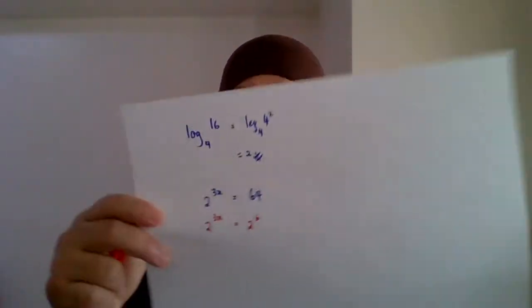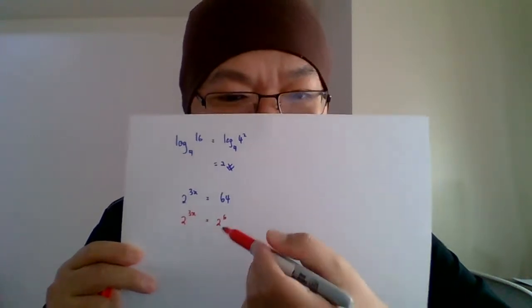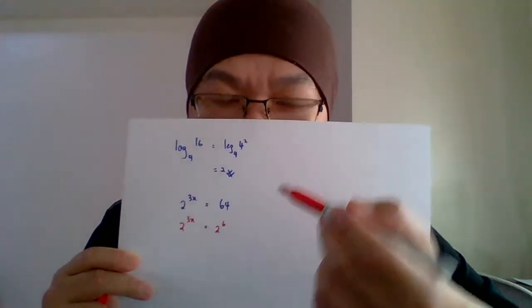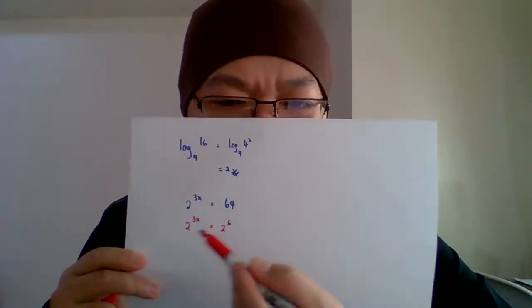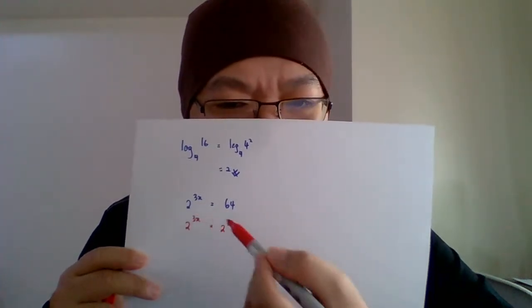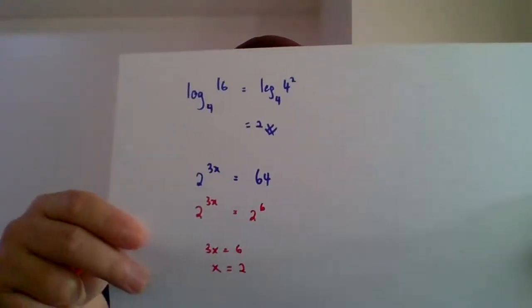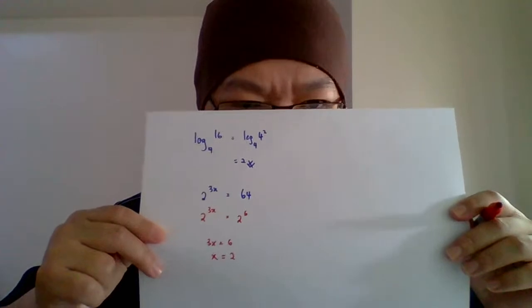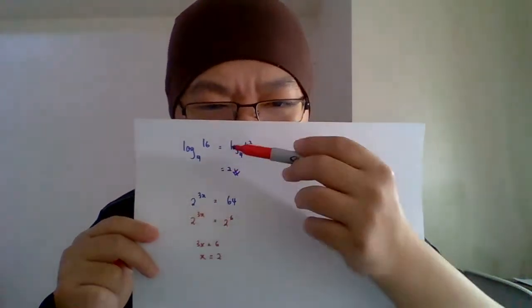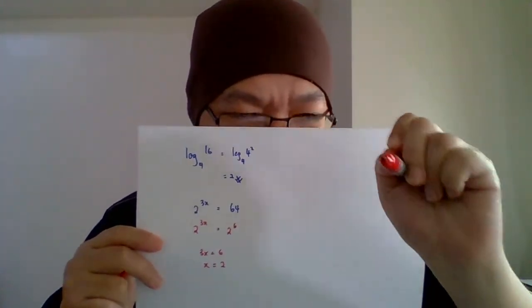Please double check, it is 2 power 6. Now when the bases on the left and right are similar, we just compare the power. 3x equals 6. Therefore we find the value of x by solving the linear equation: x equals 2. This is what we learned in subtopic 4.1 and also 4.3.